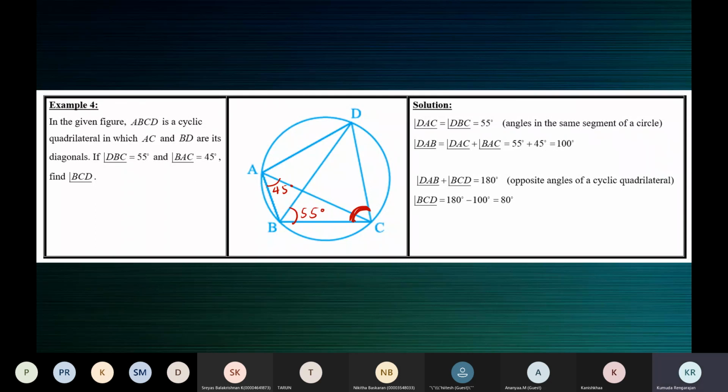If this angle BAC is 45 degrees, children, this angle BDC is also 45, because BAC is on the circumference at A, BDC on the circumference at D. And the theorem is angles in the same segment of a circle are equal.